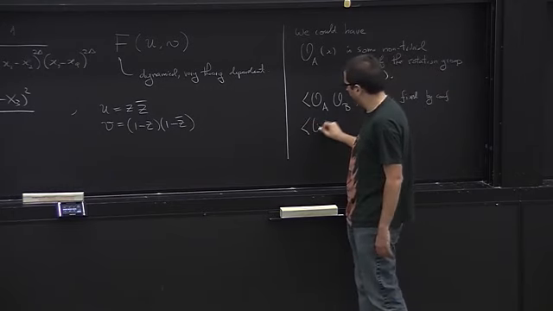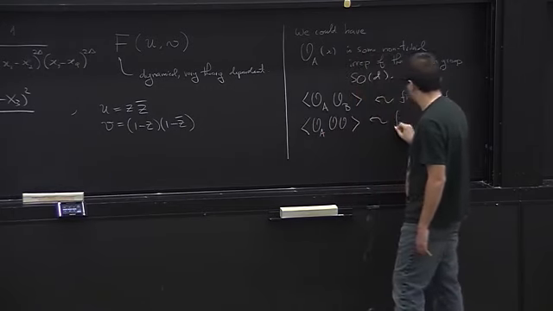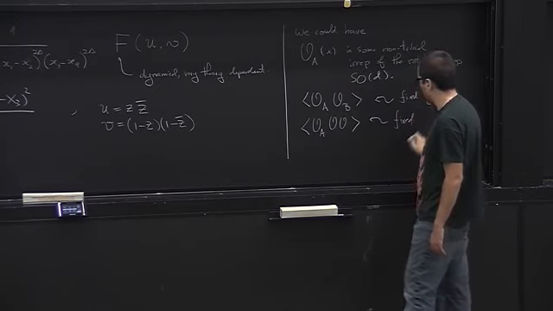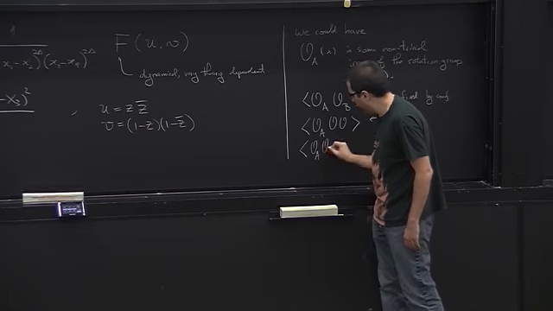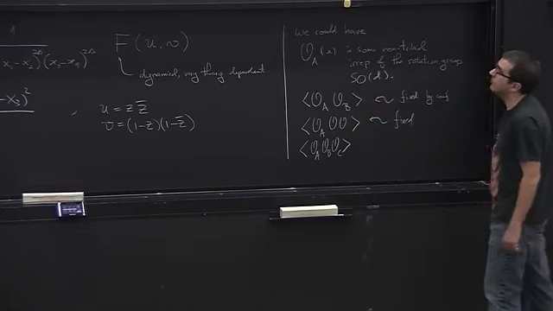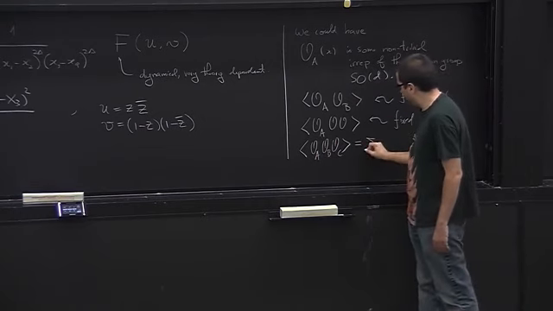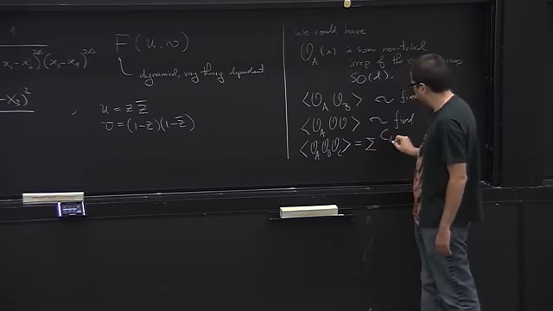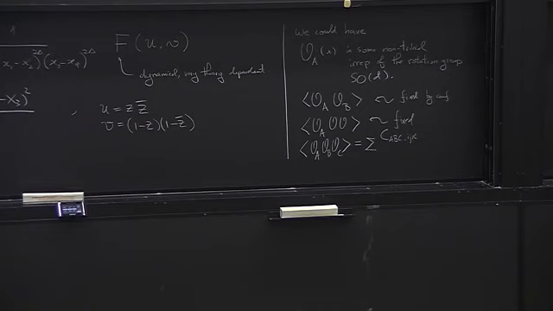You can compute the correlation function between O_A and two scalars. This is also fixed. But you can start asking more complicated things like O_A, O_B, O_C. And this is given by a sum of some tensors now, which depend on I, J, K, the three operators, but now on the tensor structure as well.